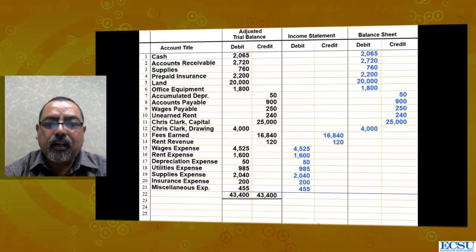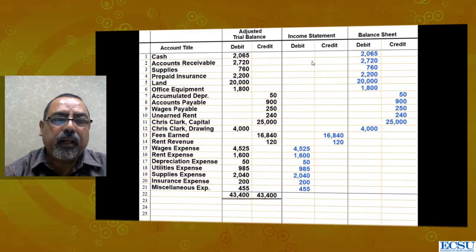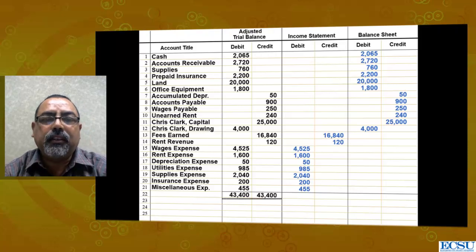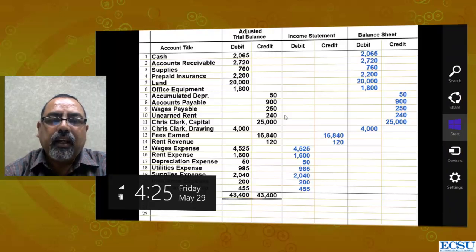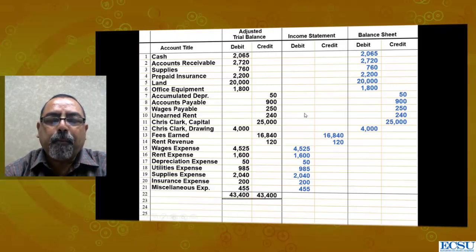It appears in the debit column, so that is why we'll be putting it in the debit column, and accounts receivable also is a debit amount, and we'll be writing it in the debit column, and it goes to the balance sheet. Now till here, that is the capital and the drawings amount, everything goes to the balance sheet. So that is why we are transferring all those, and the revenues and the expenses, they go to the income statement. So that's why we have transferred the revenues and expenses to the income statement column.